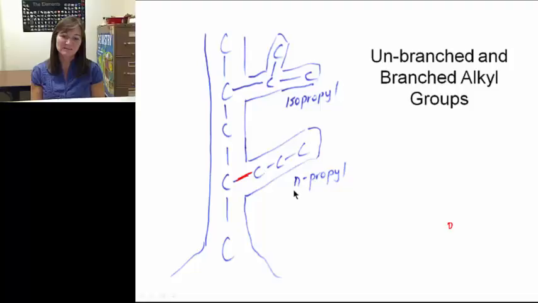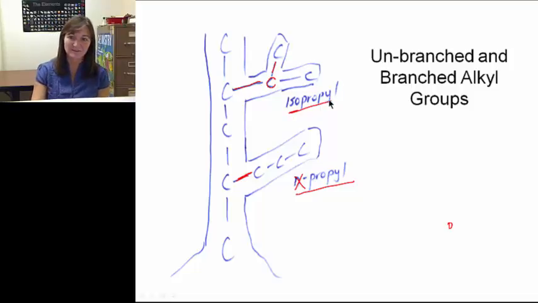So that's just my N-propyl, or you can just call it propyl if you want. However, if you notice this branch is attached with my center carbon, which causes this branch to become branched itself. So I have a branched branch, and that's where we get the isopropyl. So make sure you keep those 2 straight.